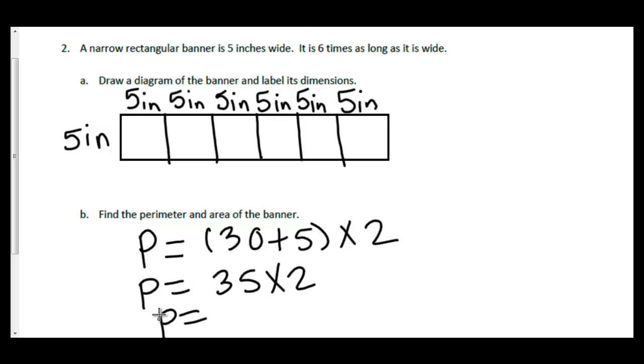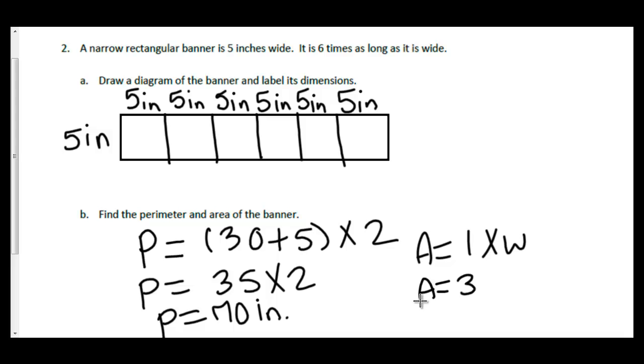So the perimeter would be equal to 70 inches. And then for the area, I'm going to do length times width. So the area would be 30 times 5. So that would make the area 150 square inches.